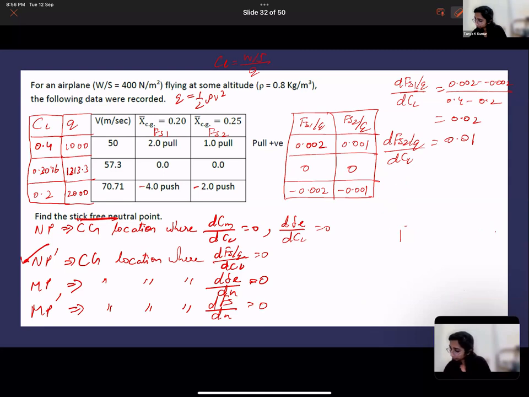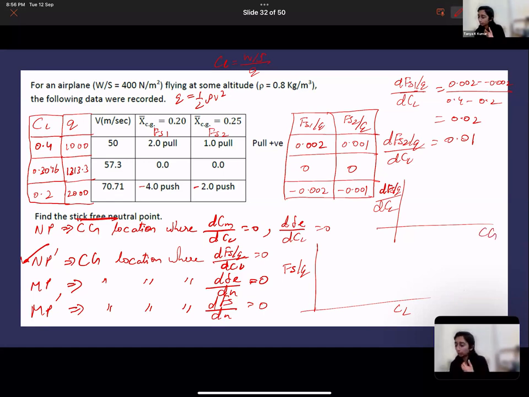Quite clearly. The first graph that we drew was Fs by Q versus Cl. Now we need to draw another graph, that is dFs by Q by dCl, and this is Cg, right?